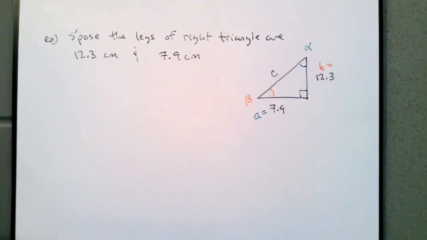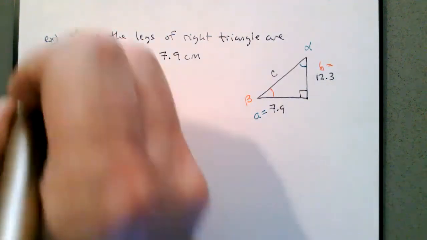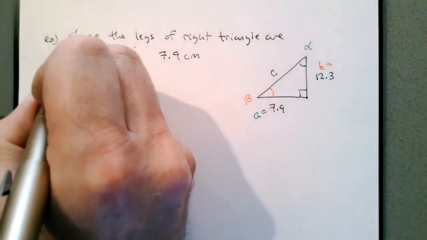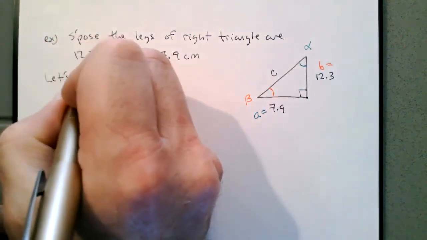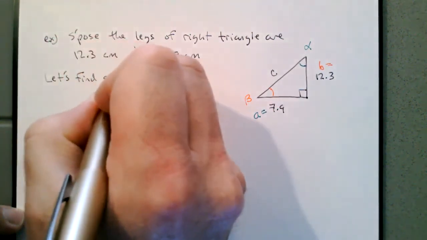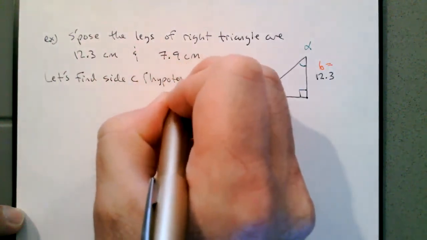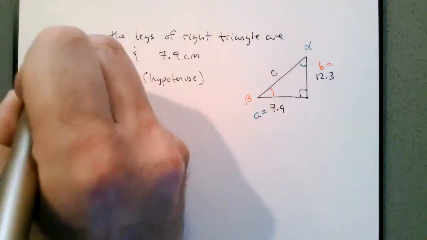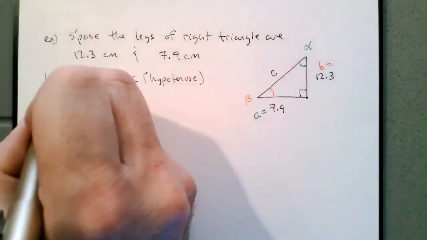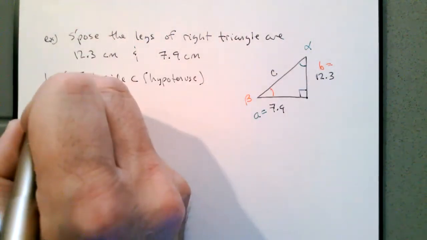What are we going to use to find C? We're given A and B. What can we use to find C? We'll use the Pythagorean theorem.